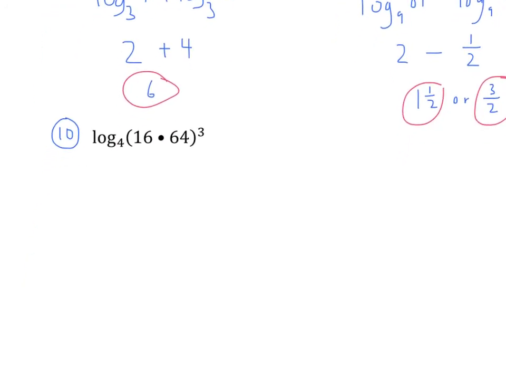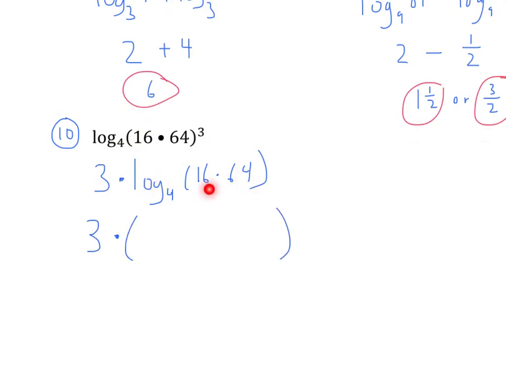Okay, and the last one, let's think about this. I've got log base 4 of 16 times 64 to the third power. Well, what I want to do first is take this 3 and bring it to the front. So this is equal to 3 times log base 4 of 16 times 64. Now I can also do something else with this. So let's leave this 3 in front. So 3 times, and then let's break this down.